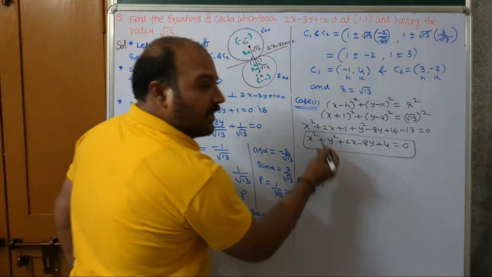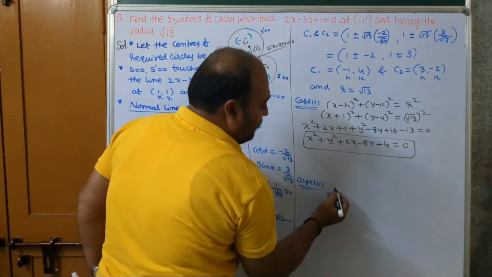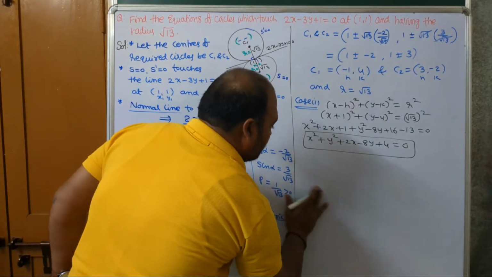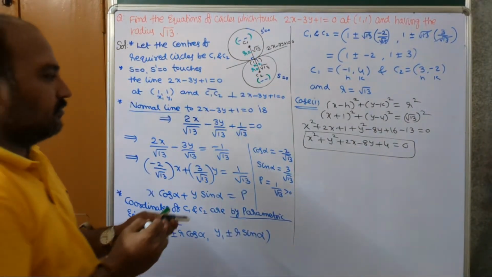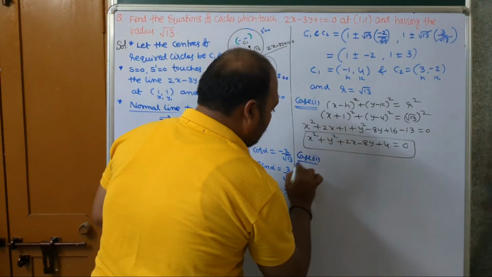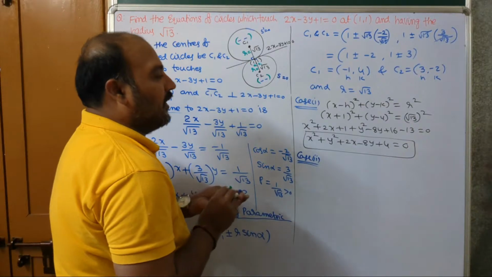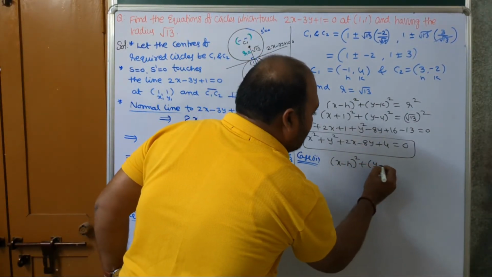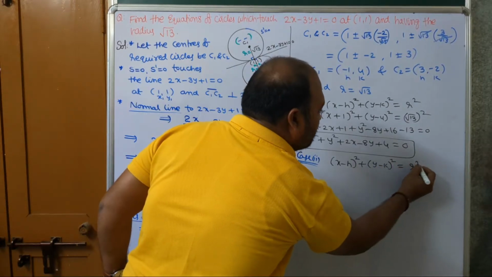We move to the second case, C2 value. Case 2: x minus h whole square plus y minus k whole square equal to r square.